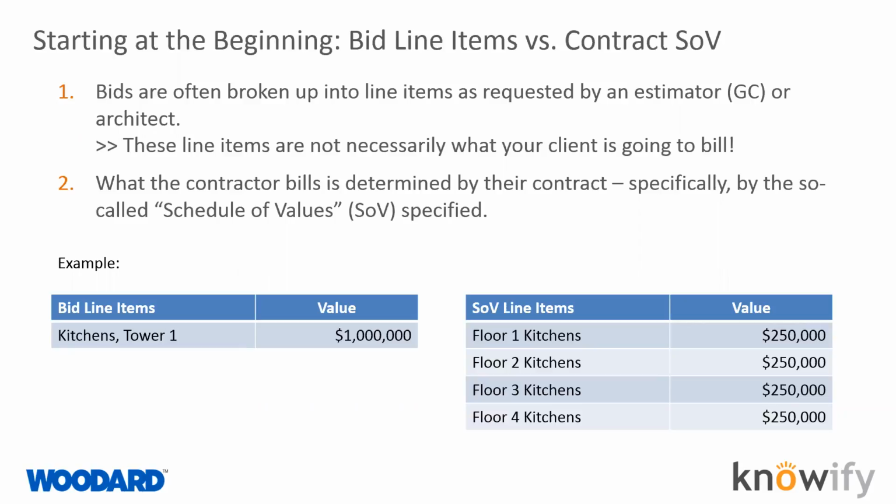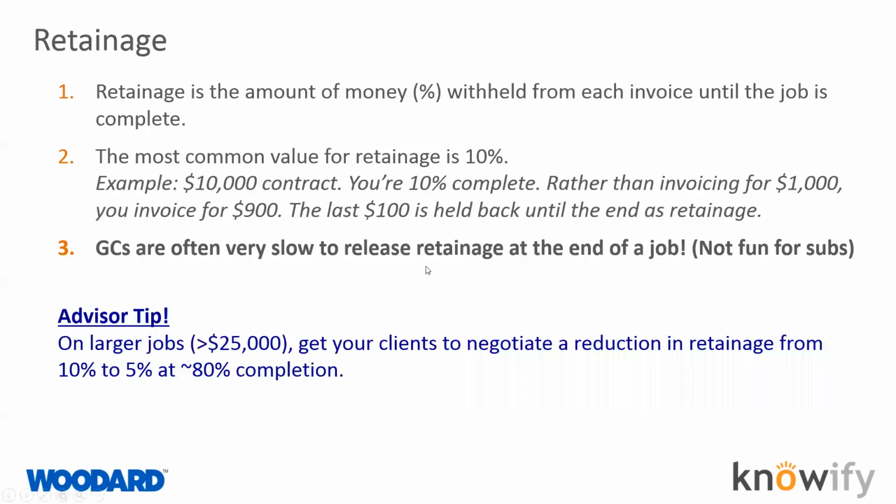And one of the things about the SOV is it's typically carved up in such a way that it's easy for the GC or for the owner to walk through and verify that you've completed what you've said you've done. So obviously, if you're breaking it down to 4 1 kitchens, 4 2 kitchens, etc., they can send a super or equivalent project manager through the building and say, yes, this contractor has completed 50% of the 4 1 kitchens, 100% of the 4 1 kitchens, etc.